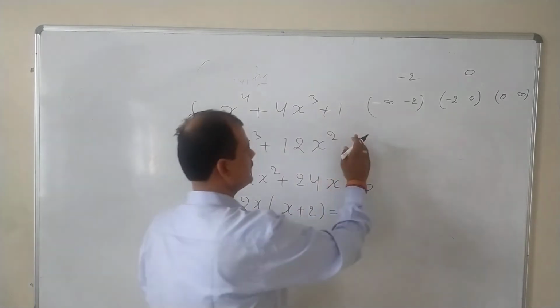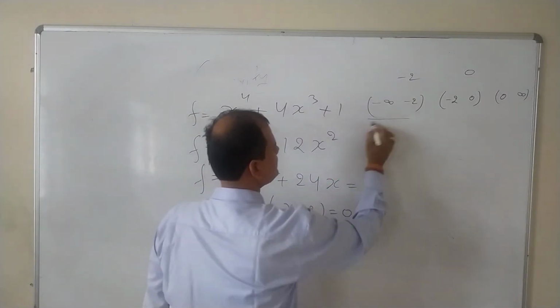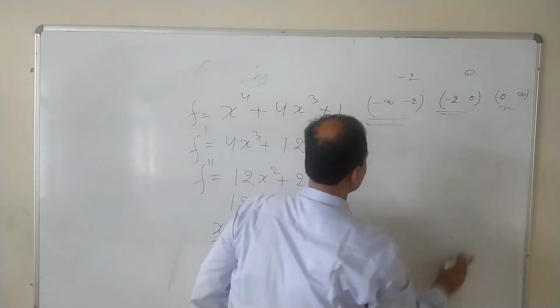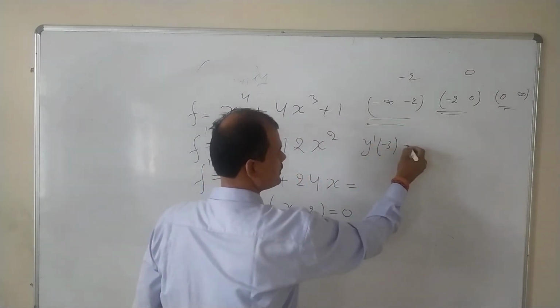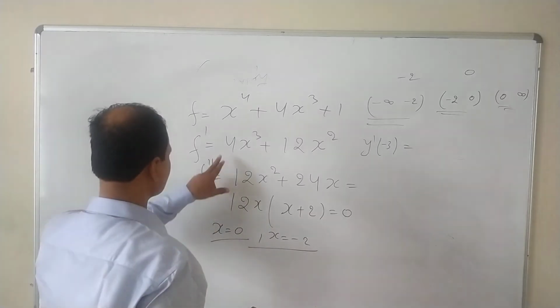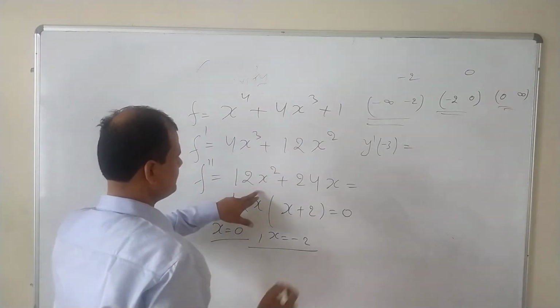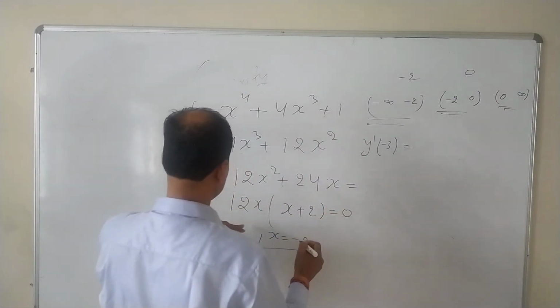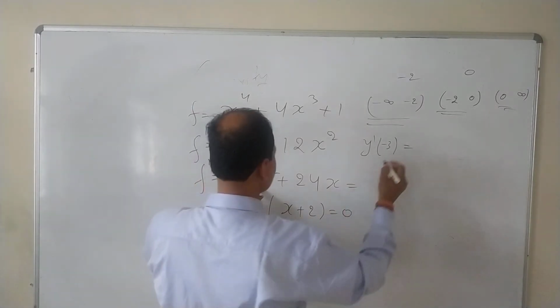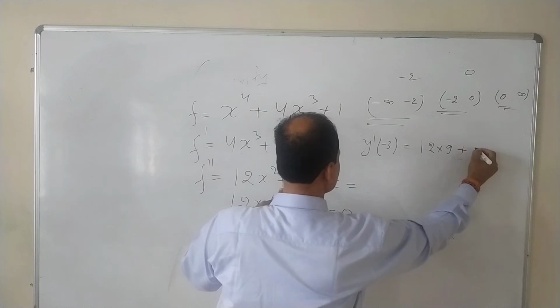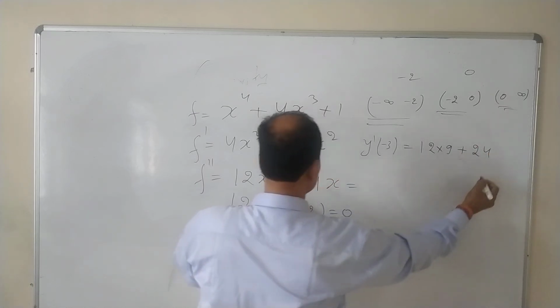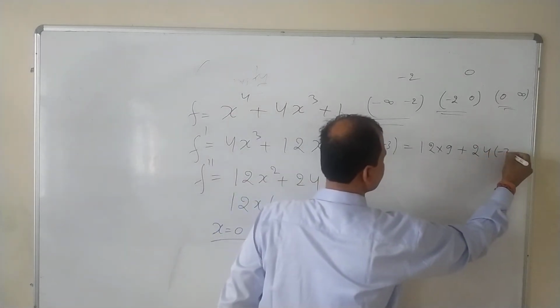So now we check the double derivative in all 3 subintervals. So here I can take minus 3. So what do we get? We get 12 into 9 plus 24 into minus 3.